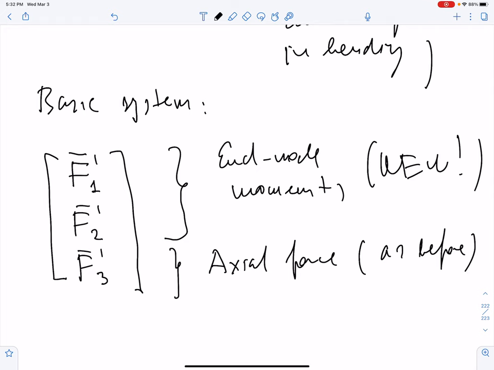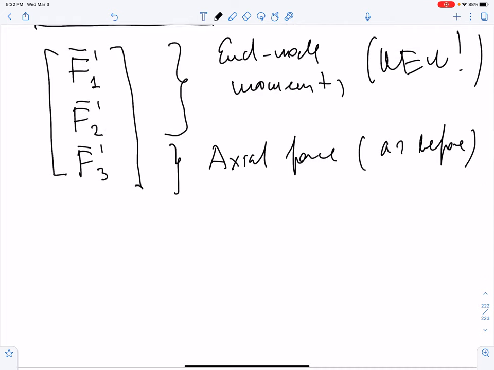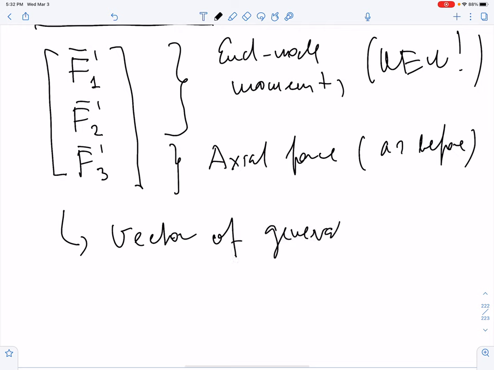This is what happens on the force side. And so now we call this the vector of generalized forces. The key word is generalized, meaning that we're generalizing moments to be a type of force. You need to understand this is a moment, but we're putting everything in the same vector and calling it a generalized force. That vector combines end node moments in the first two slots and the axial force in the third slot.